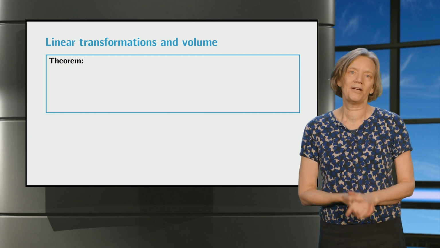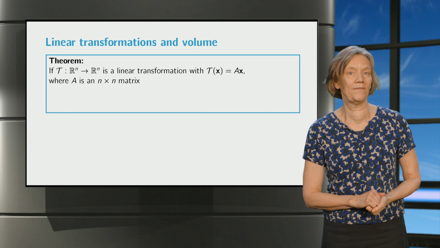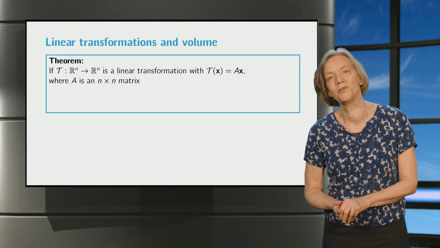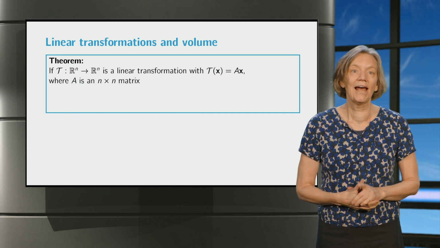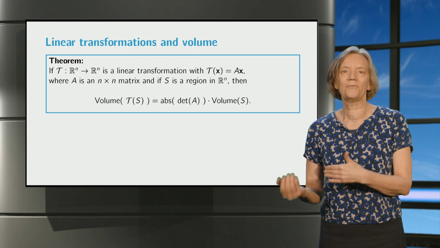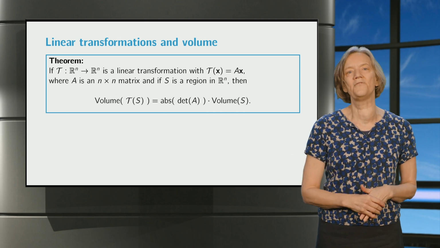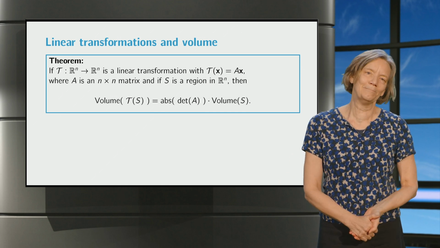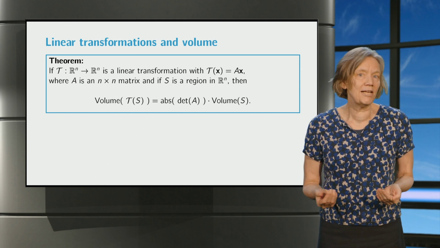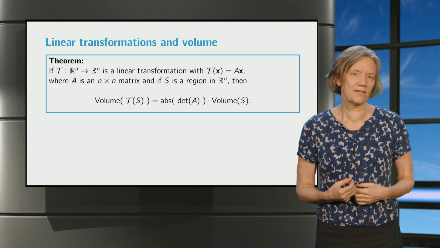This is the general theorem. T is a linear transformation from Rn to Rn with n by n matrix A as its matrix. S is a region in Rn. Then the volume of the image of S is the volume of S times the absolute value of the determinant of A. For n is 3, so in R3, this is the volume in the regular sense.